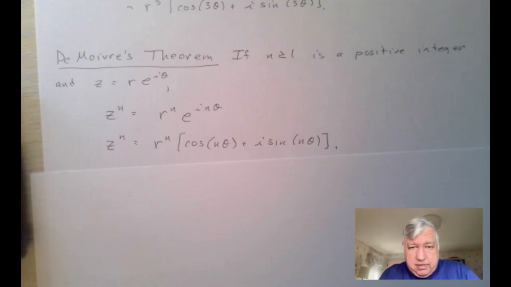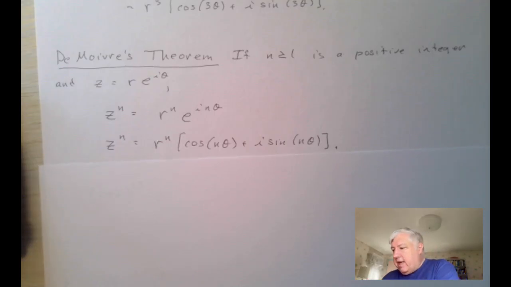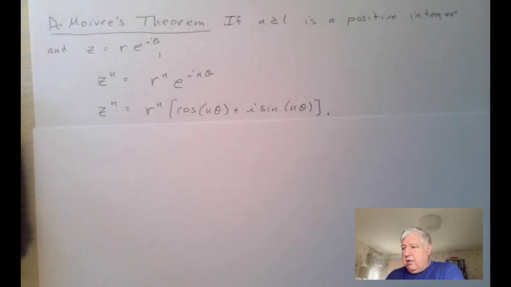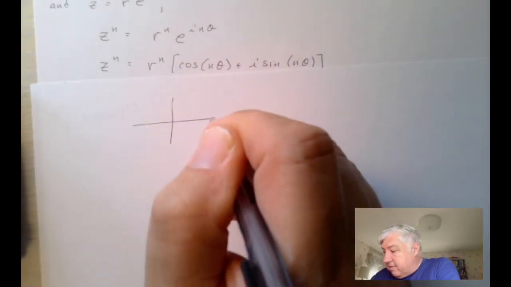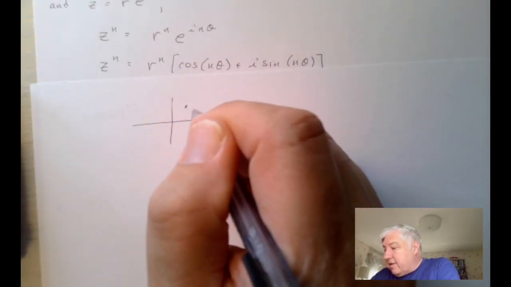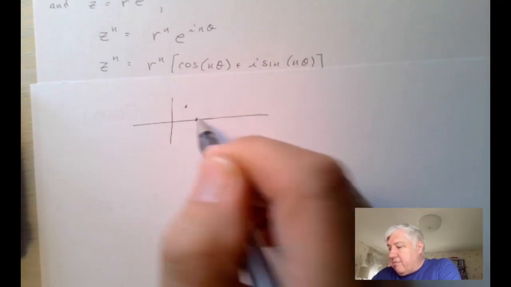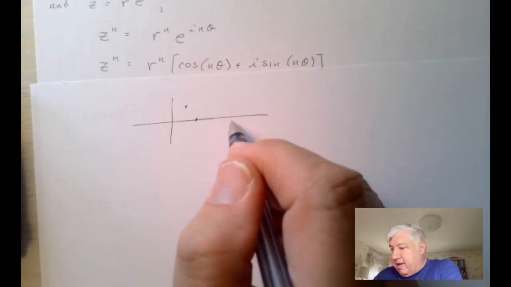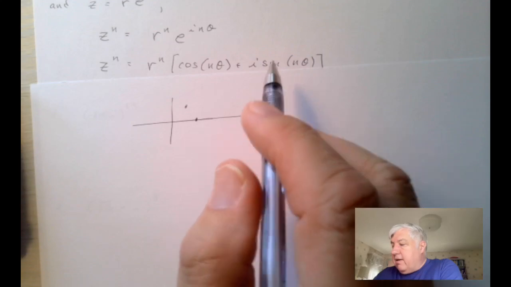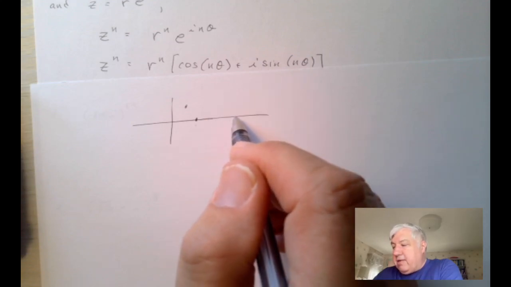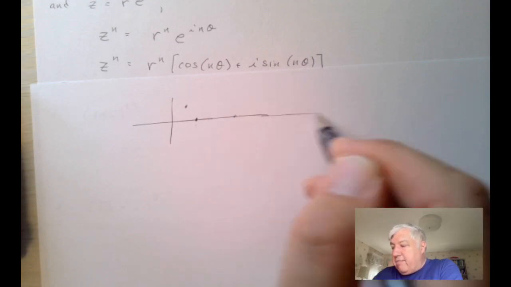And it also shows that the angle is not just changing. If we take a number on the real axis and keep squaring it and cubing it, we just get bigger and bigger numbers, right?